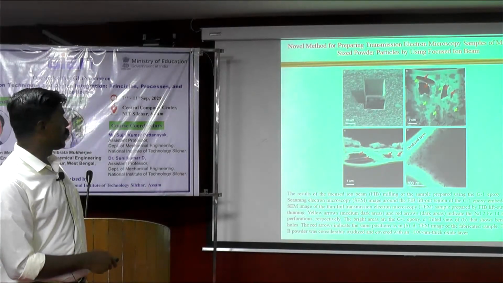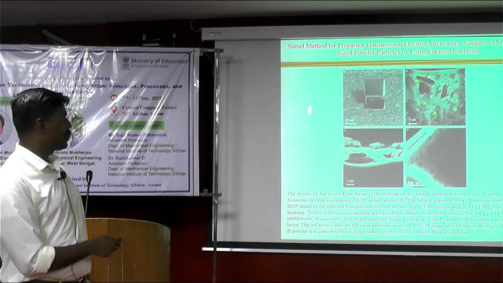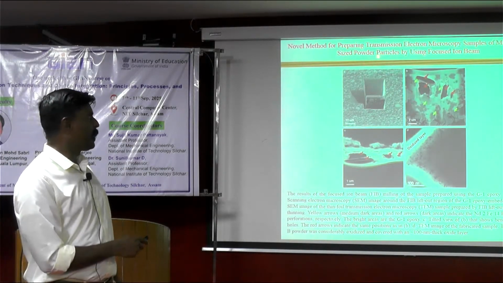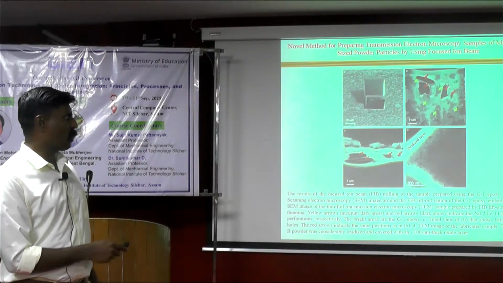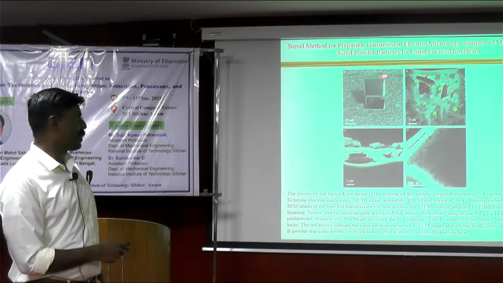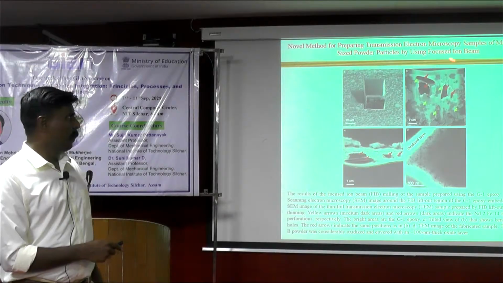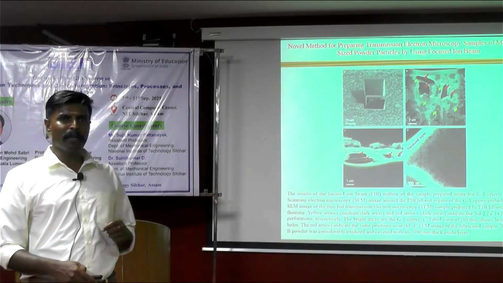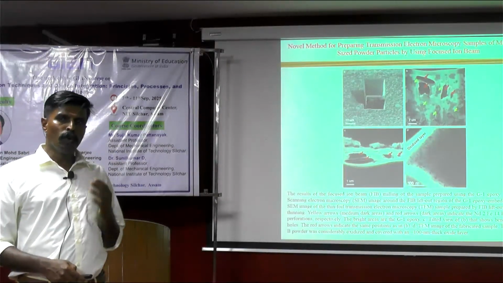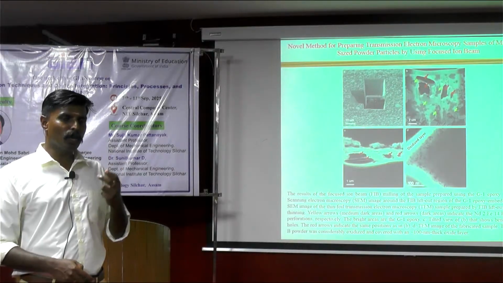Here, the typical photograph shows a novel method of preparing a transmission electron microscopy sample of micrometer-sized powder particles by using FIB. Transmission electron microscopy is really helpful to know the size of the precipitates.